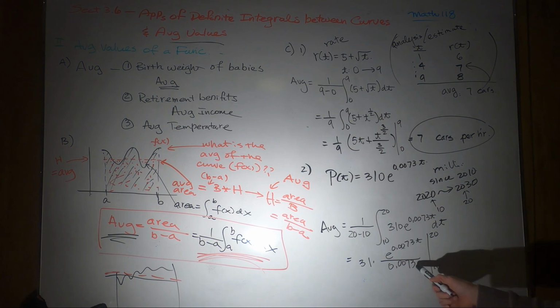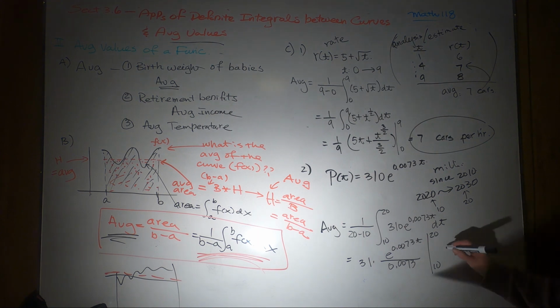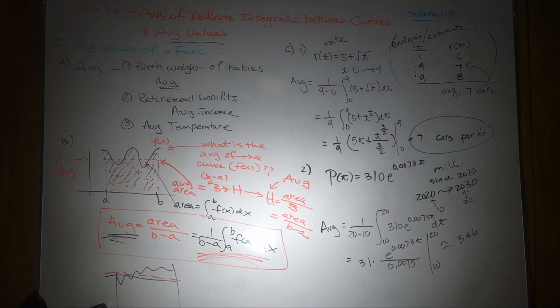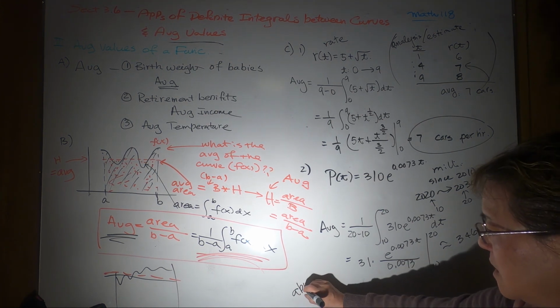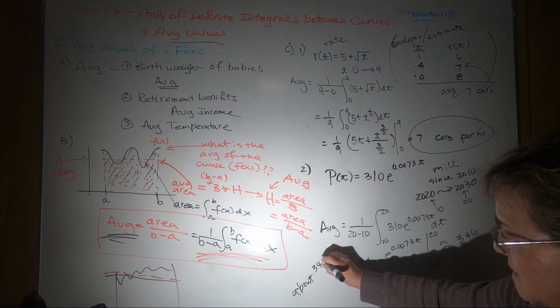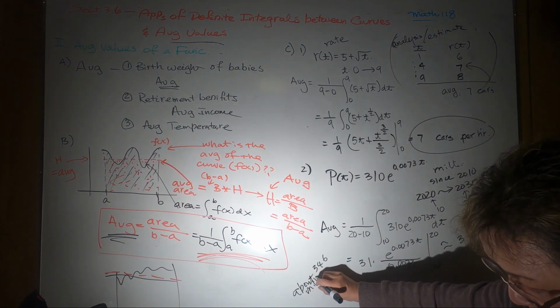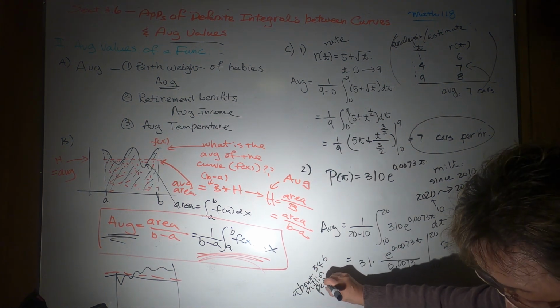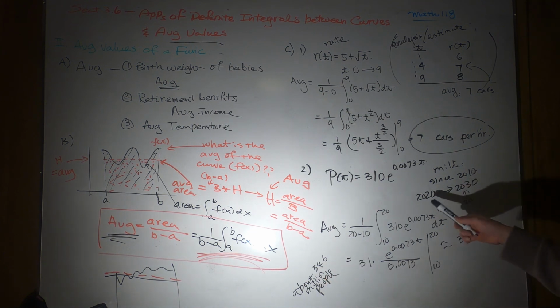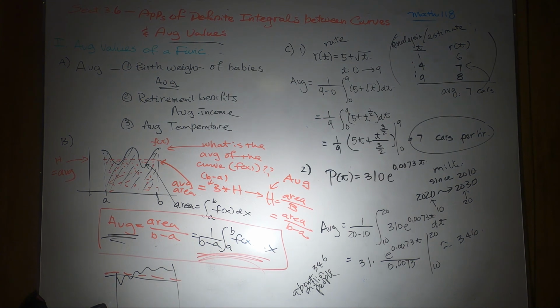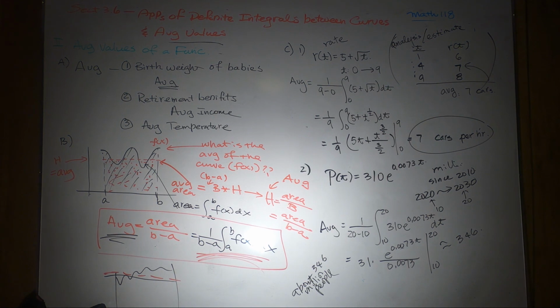Use this to calculate the definite integral's value. Then it's about 346. So what are we saying? You will have about 346 million people on average during 2020 to 2030 for each year. Average out.